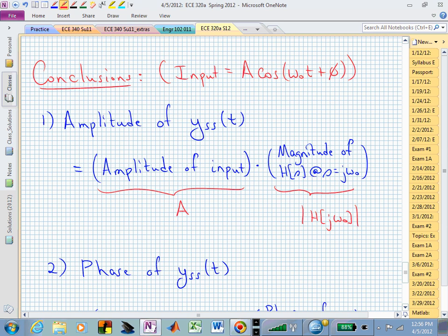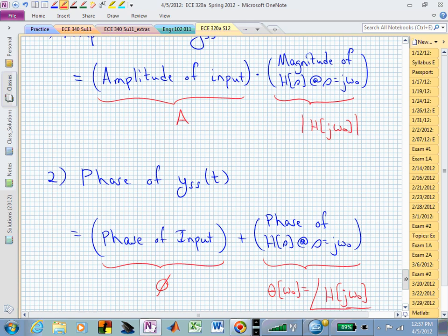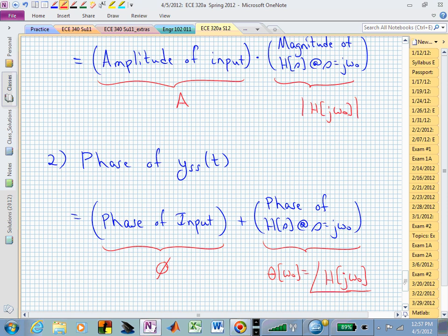All we have done is determine that the amplitude of the input is now adjusted by the magnitude of our transfer function at that frequency, omega naught, and the phase of this sinusoidal steady state has been adjusted by the phase of our transfer function evaluated at s equal j omega naught.